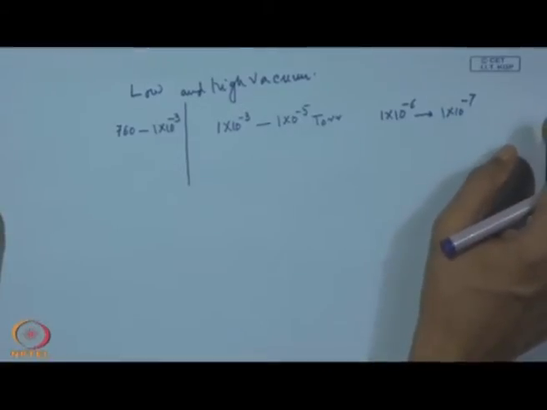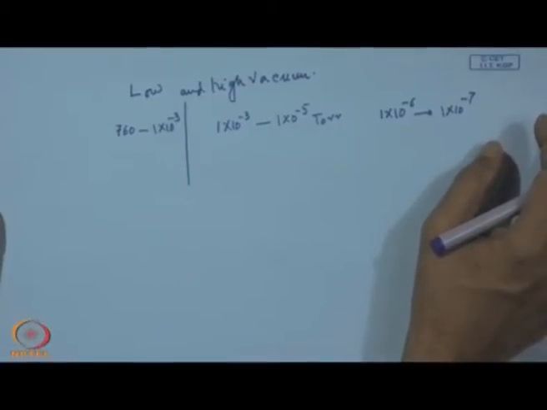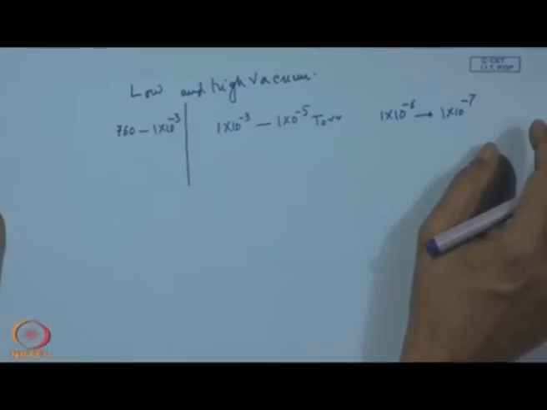So, these are very special demands and requirements, but for all routine processes, whatever we have discussed so far, we need a vacuum at least in certain cases. For CVD, say a few tenths of torr or a few hundreds of torr is the process pressure.